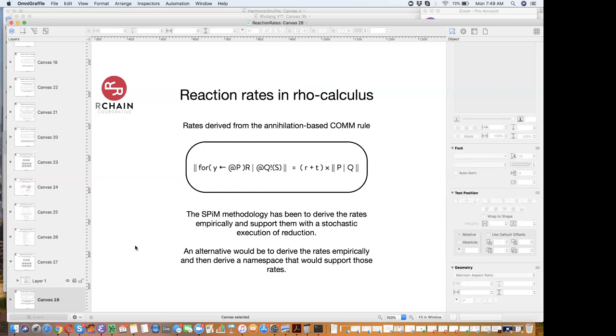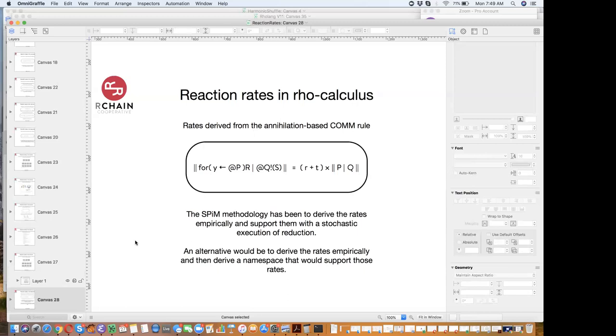That was sort of the whole point, that we can design namespaces to give us whatever kinds of rates we wanted. And in fact, there's a whole method available to auto calculate a namespace that supports the rates.